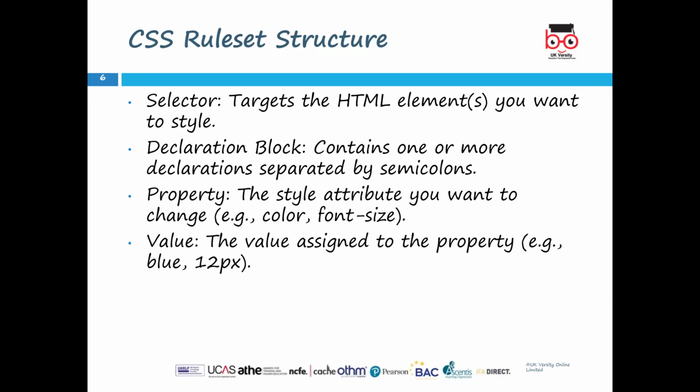We'll use property maybe to define the color, or a font size or background and so on. And then we have value, which we assign to the property. So we're going to specify maybe the dimension, the width, height, or other types of attributes that we want to have.